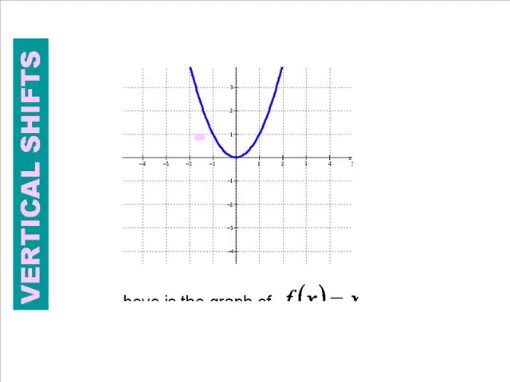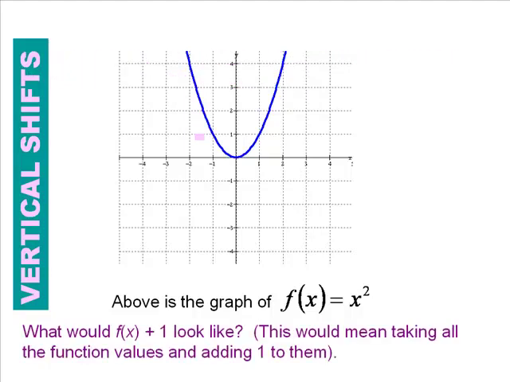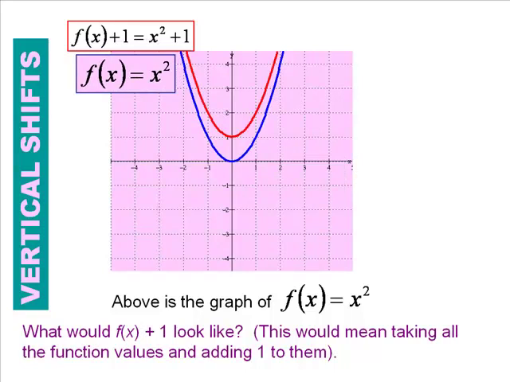When we talk about a vertical shift, here's our fundamental parabola. If we wanted to plot f of x plus 1, this would mean taking all the function values and adding 1 to them. What happens in this case is we shift the parabola up 1 unit.